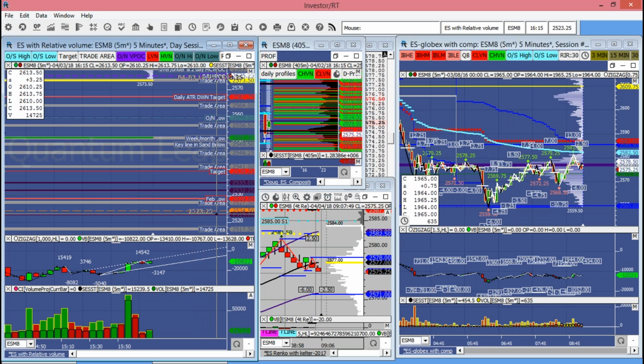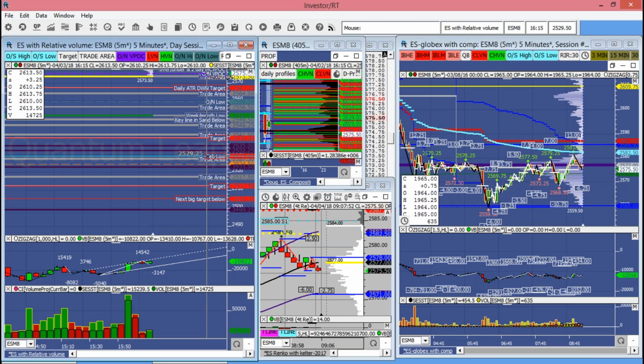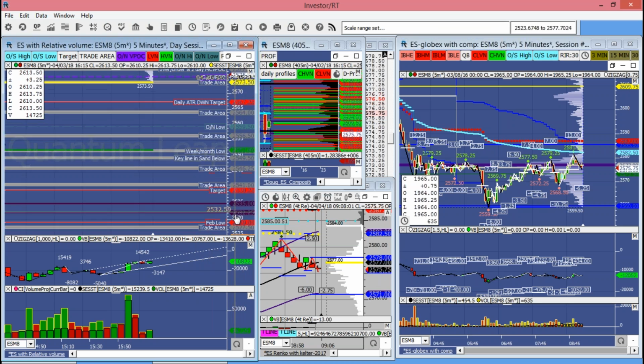I don't think we're going to get much more than that, but with these large days, there's a possibility that we come down to this next big target below, down in the 25.05, and start challenging the 2400s.